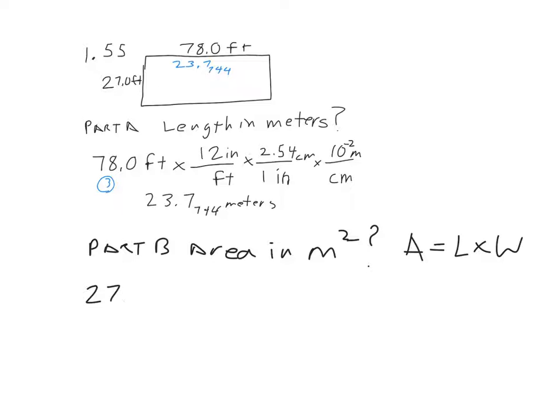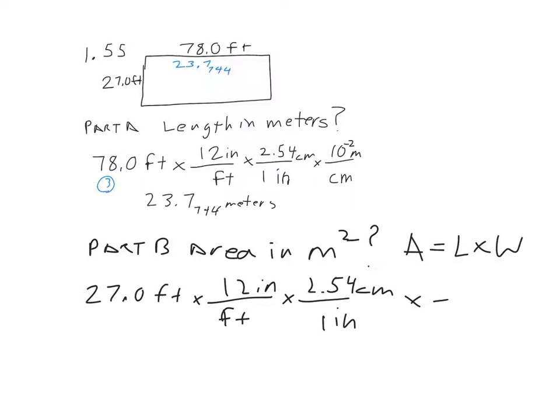So I've got 27.0 feet times 1 foot, 12 inches, times 2.54 centimeters divided by 1 inch times 10 to the negative second meters over 1 centimeter. And that's going to give me 27 times 12 times 2.54 divided by 100.